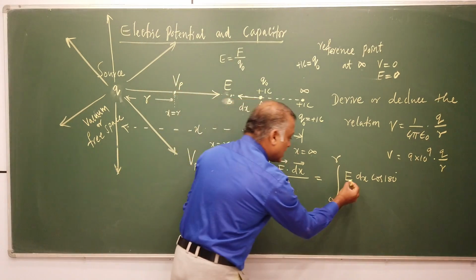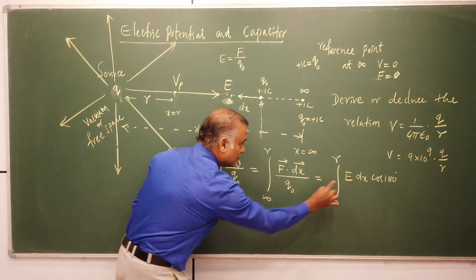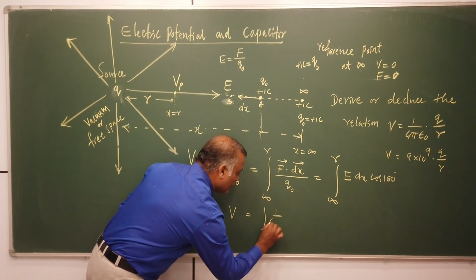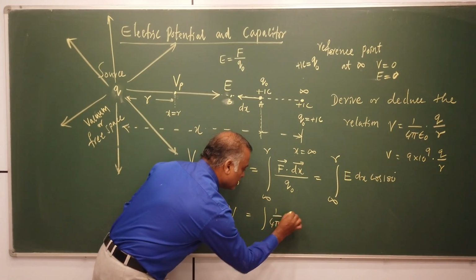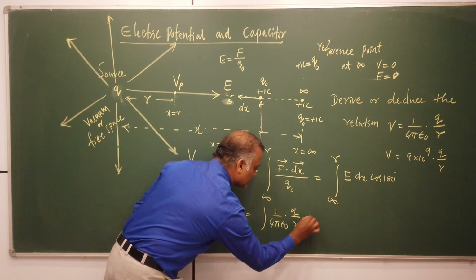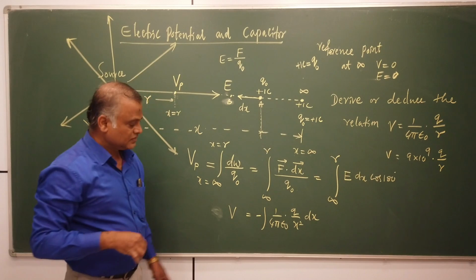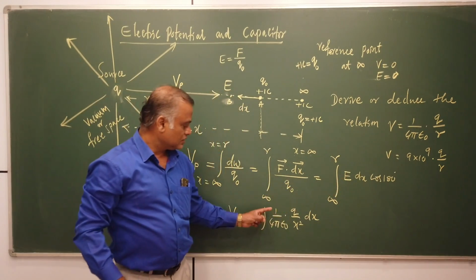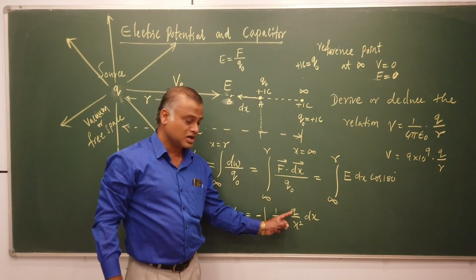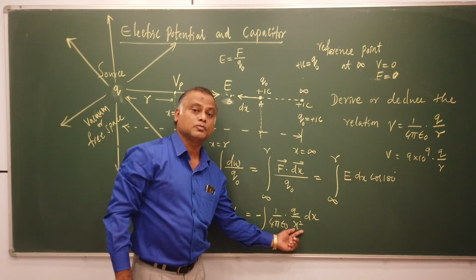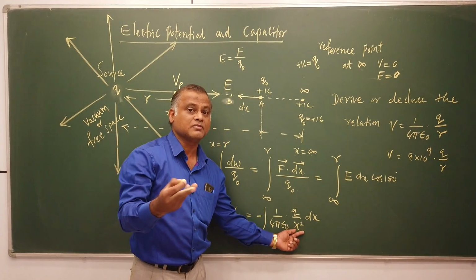So the electric intensity formula is 1 divided by 4 pi epsilon naught, q divided by x square, with the negative sign taken outside. X is the variable. Don't put infinity; if you put infinity, it becomes 0.